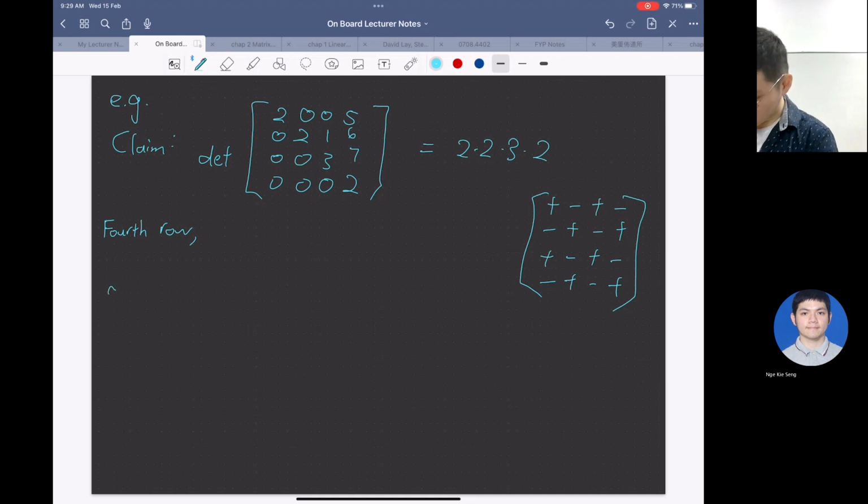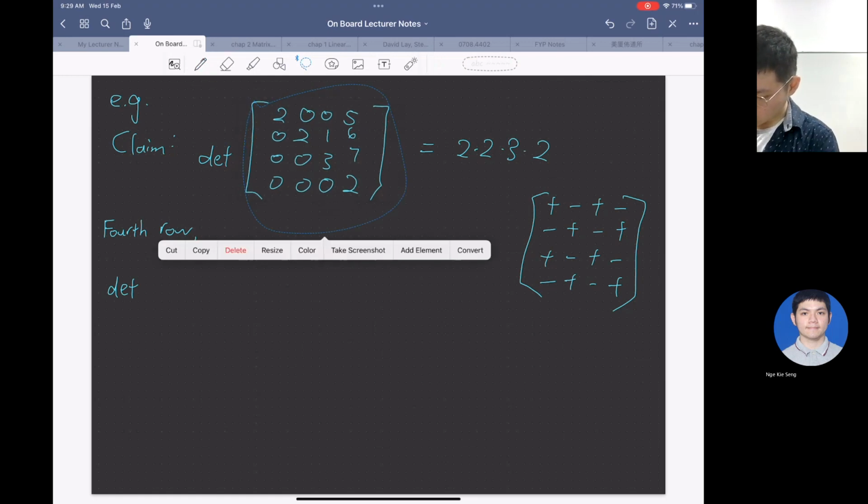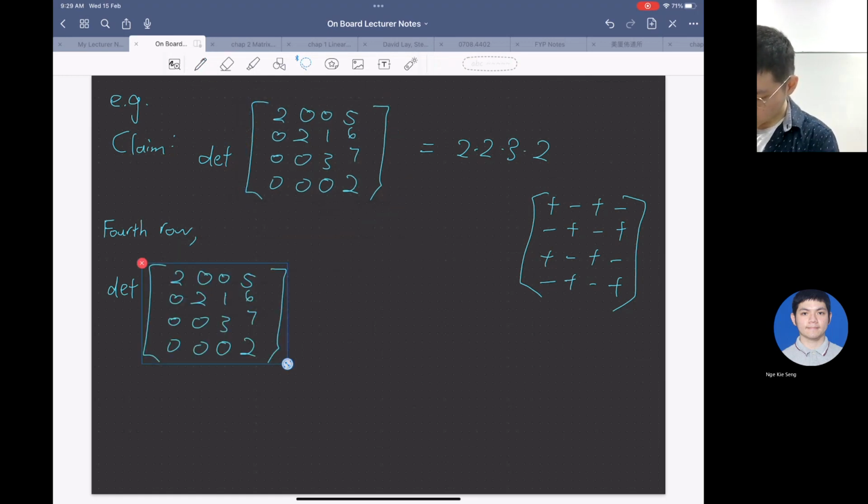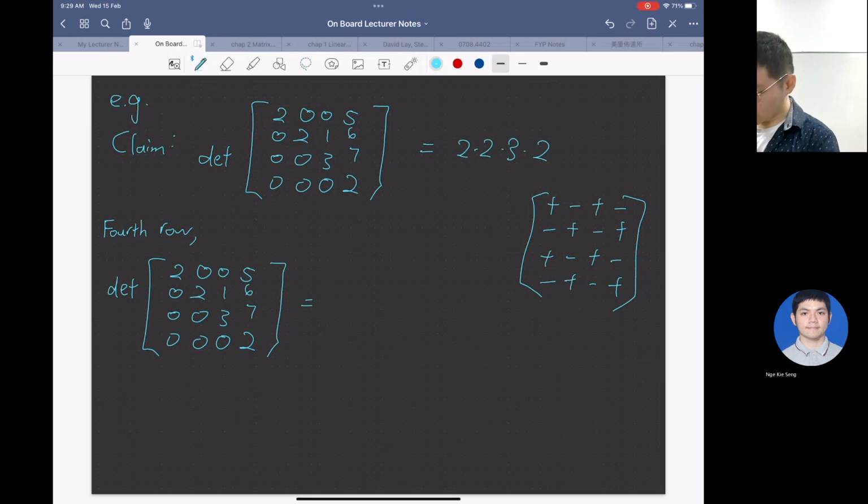The determinant of the matrix is equal to, first, minus 0 times the minor. So you remove this row and column, and the minor is the determinant of 0, 0, 5, 2, 1, 6, 0, 7, 3, 7.